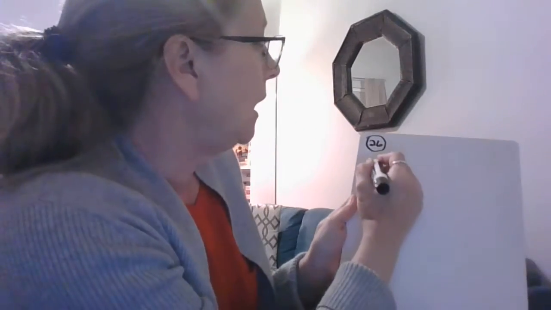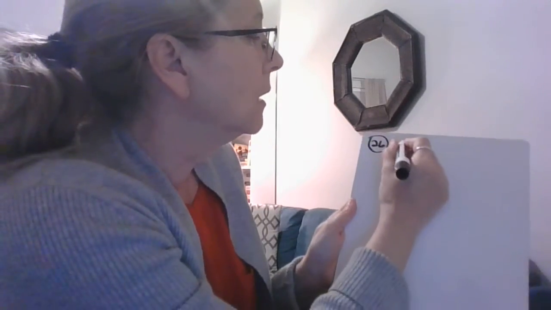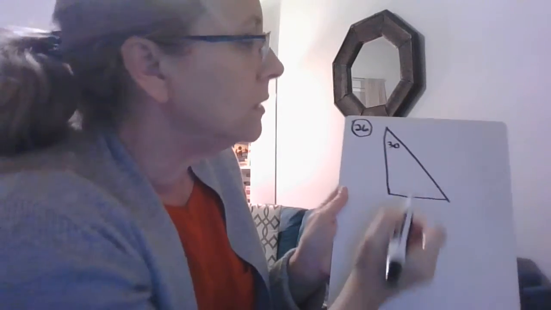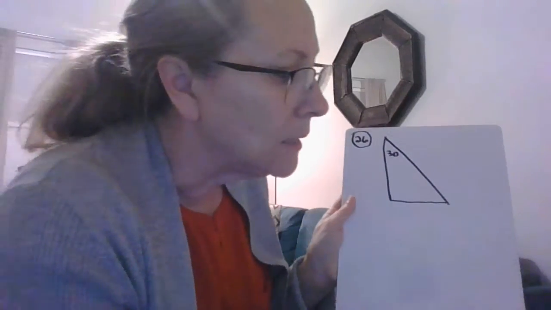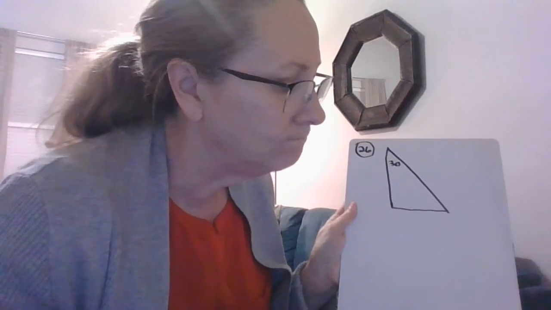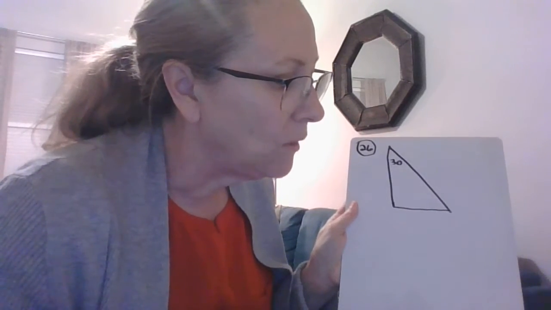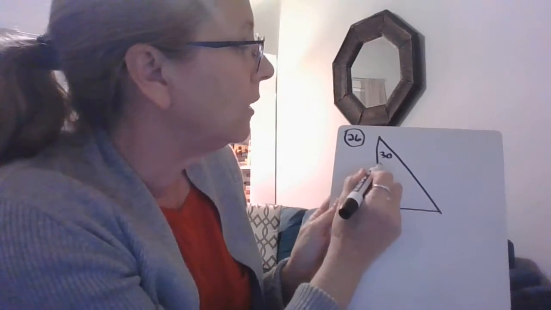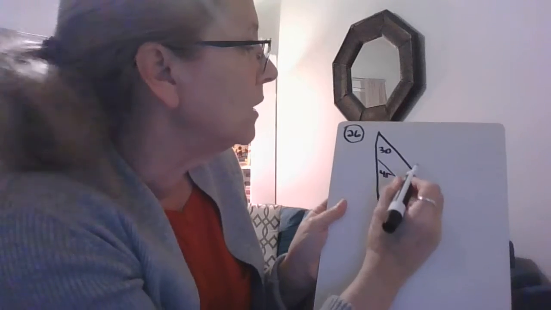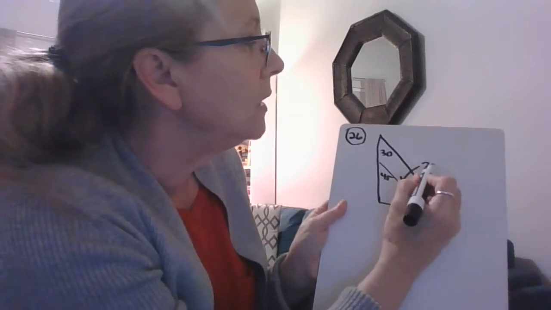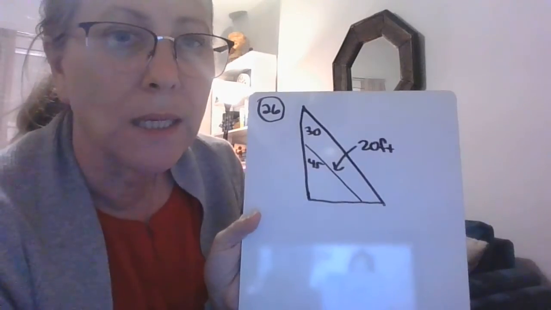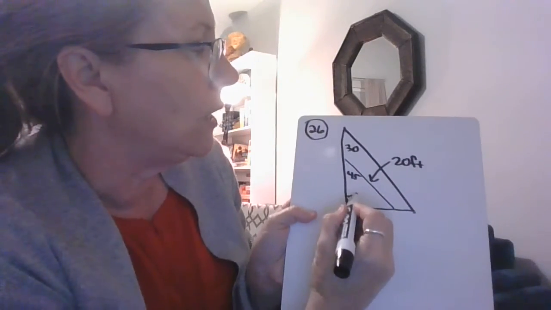It has a triangle with 30 degrees, and a triangle with 45 degrees. Sorry, I almost forgot what I was starting with. This is 20 feet. And this is your right angle.